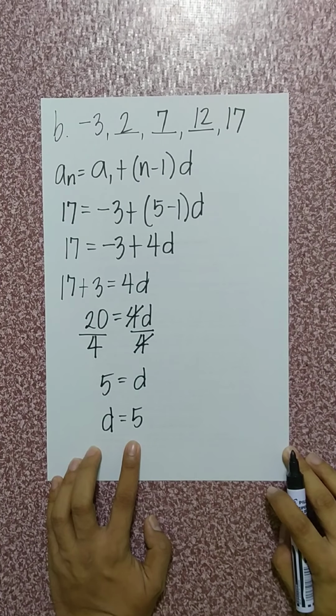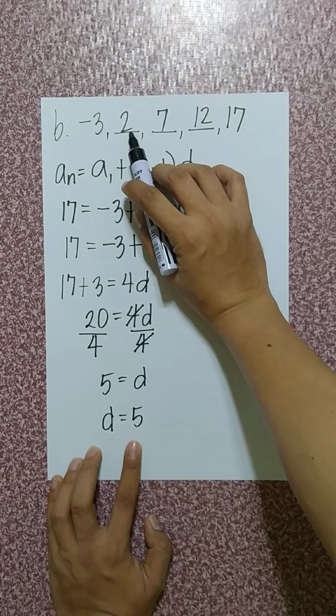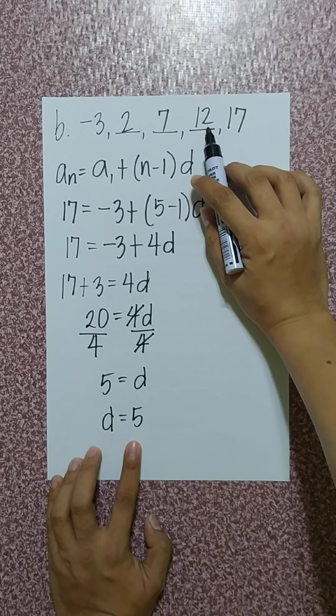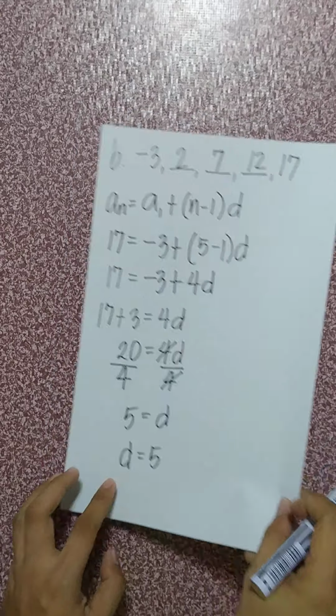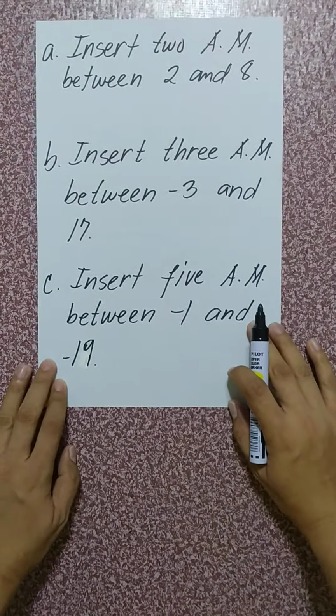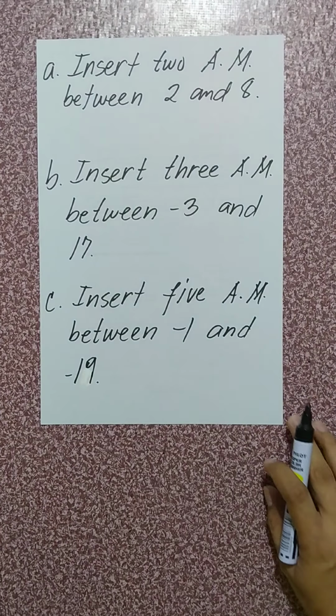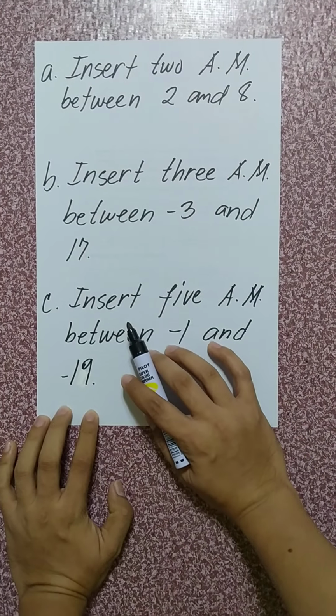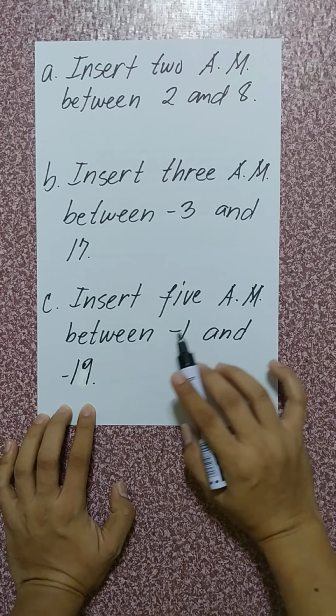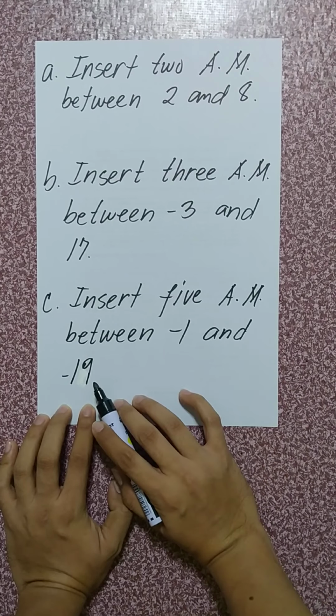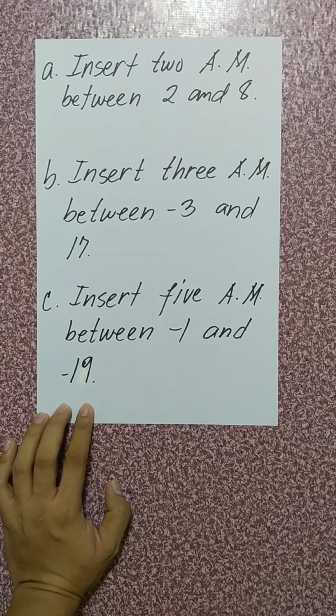So, the arithmetic means that we're looking for is 2, 7, and 12. Okay, for our last example, we're going to insert 5 arithmetic means between negative 1 and negative 19. So, dito, puro negative ang lalabas na numbers natin.